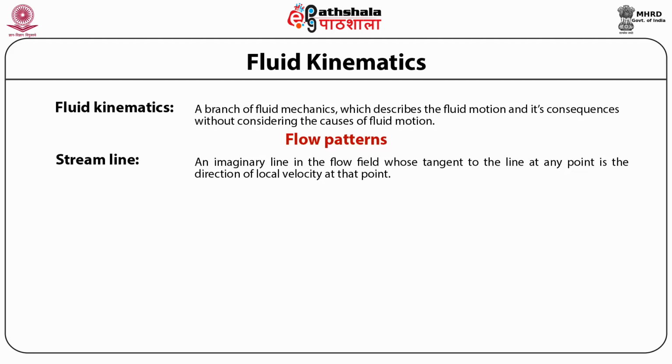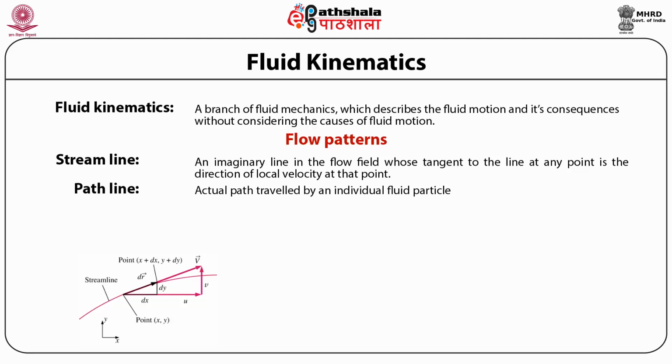Again I repeat, the streamline is an imaginary line drawn in such a way that the tangent to this line at any point represents the local velocity at that point. You can see this in the picture on the left side. It represents the contour of velocity field at an instant.